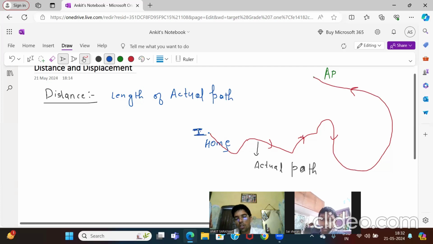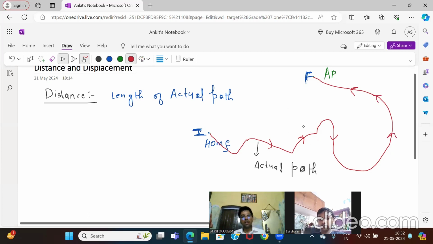And finally you want to reach Andhra Pradesh. That is your final destination. Then you are going on this red line. The length of this actual path is known as distance.